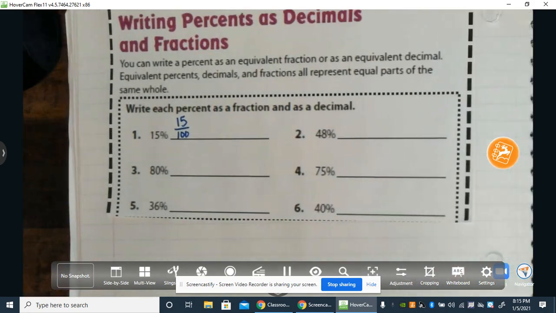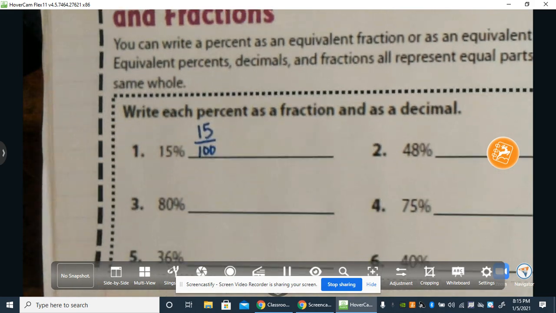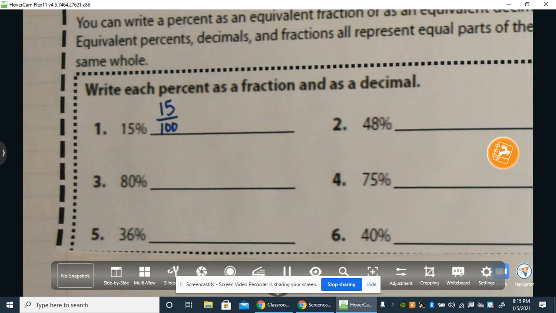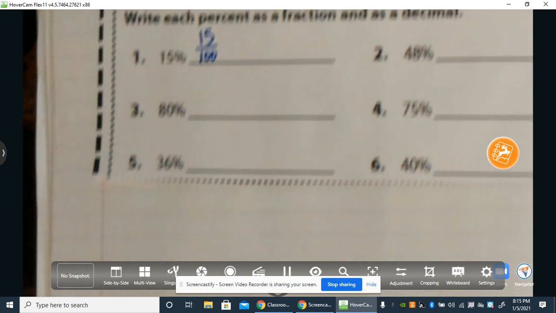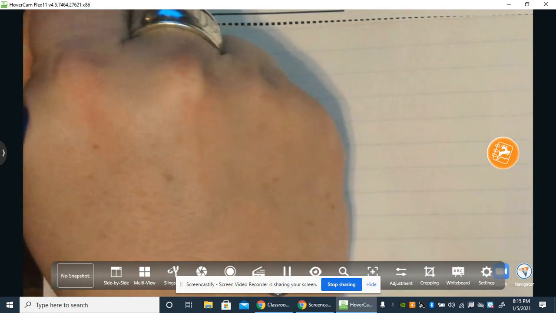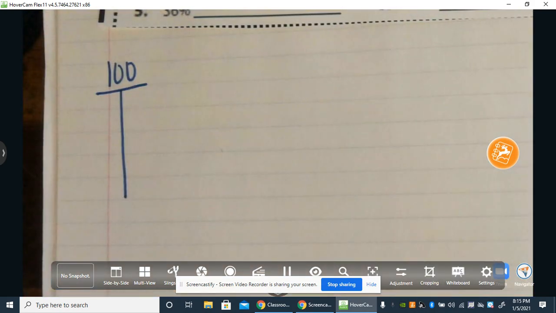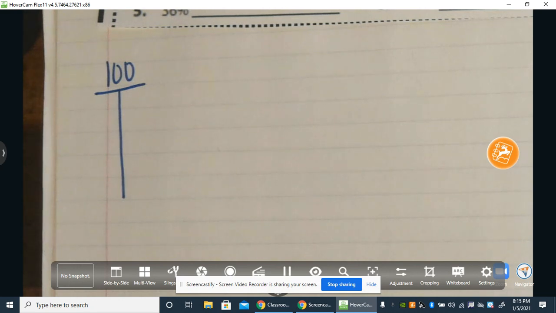Let me zoom in a little, guys. There we go. Okay, so we have to think, what number goes into both 15 and 100? Real quick down here, we're going to talk about the factors that make up 100. I'm making a quick little T-chart. 1 and 100 make up 100, but that doesn't simplify anything.